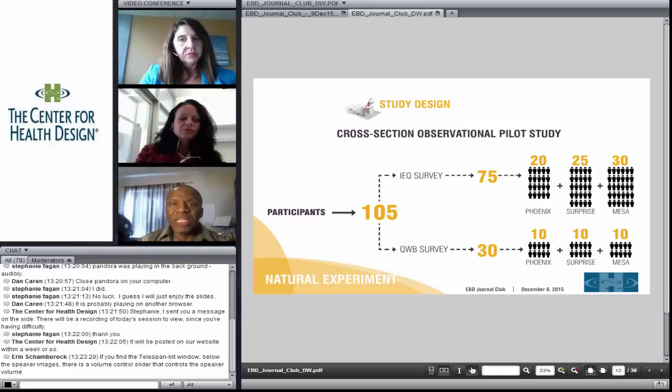So we didn't want to make conclusions or descriptions about the individuals, but about their reaction in the facility. So it's not quite as necessary to have. Linking them would be fine, but for the pilot study, it wasn't necessary to have the QWB interview linked to the IEQ interview.